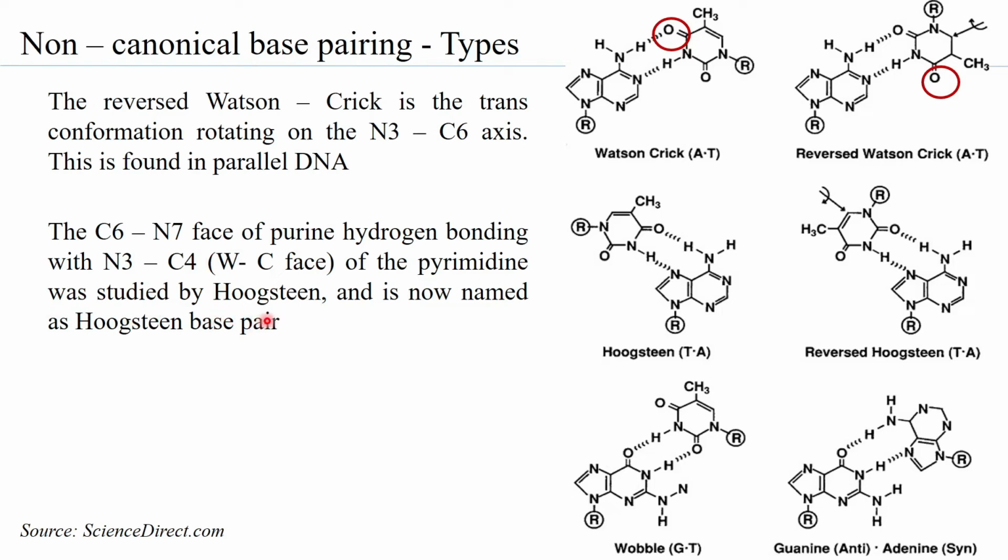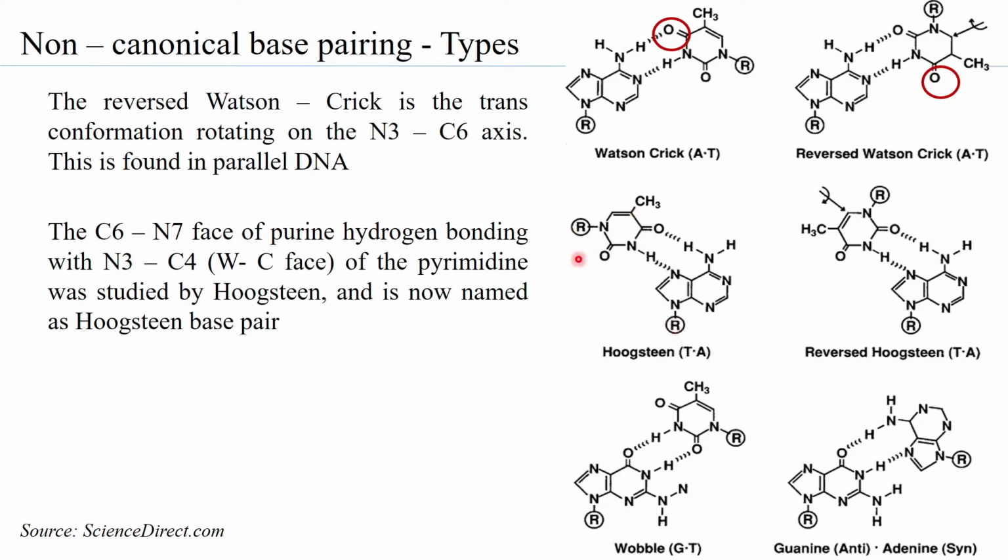That was actually discovered by Hoogsteen when he was studying RNA with respect to a certain molecular mechanism, and he found that there is a possibility of the C6 N7 face, which is not the normal Watson and Crick face, interacting with the Watson and Crick face of the pyrimidine, thereby having Hoogsteen base pairing. So you can see that it is still an AT base pair, but it is not the normal Watson and Crick. It is Hoogsteen base pairing, and you can also see that the sugars are in the trans form.